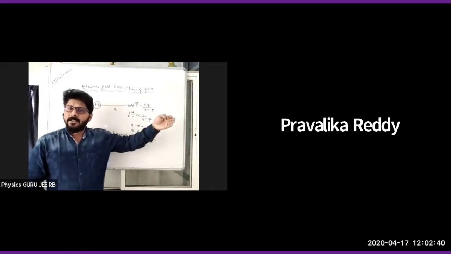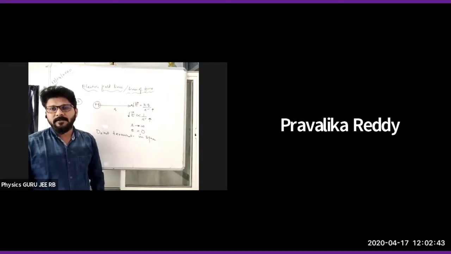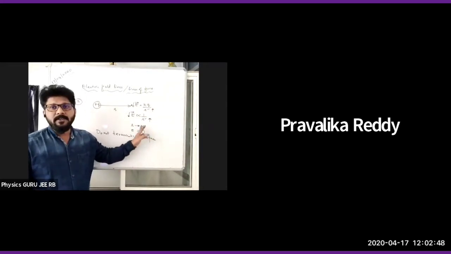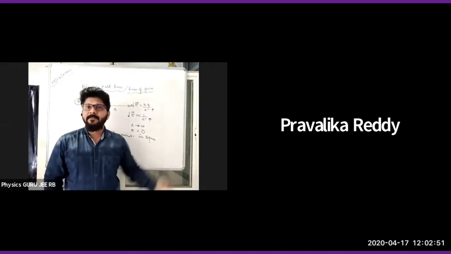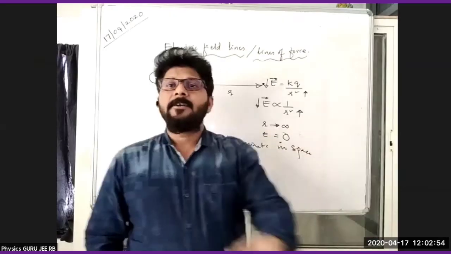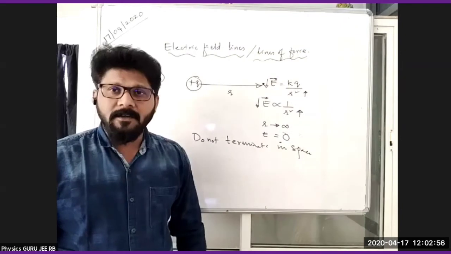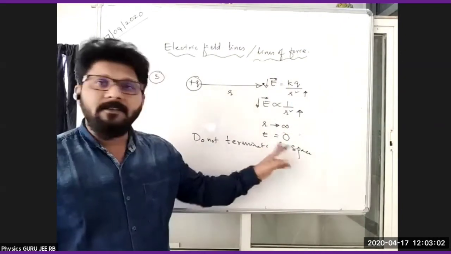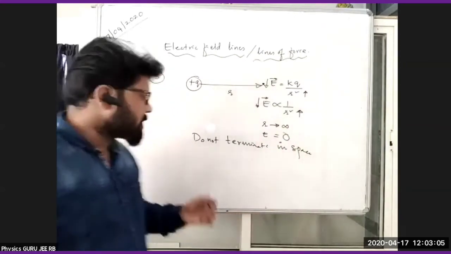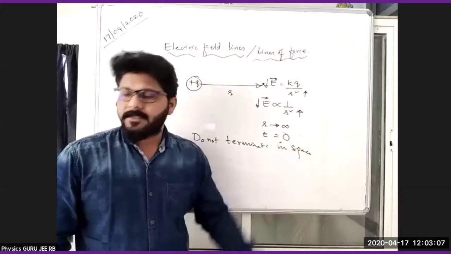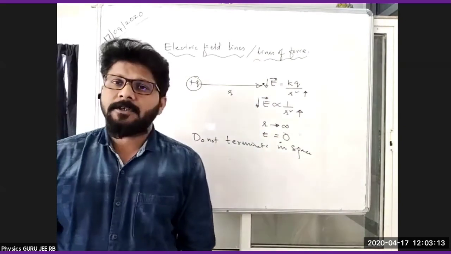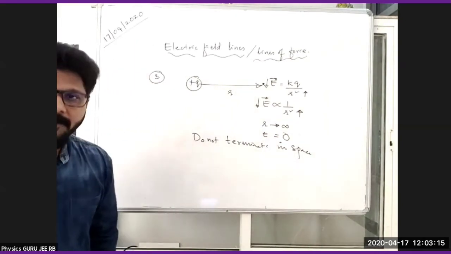Terminate means there is no ending point for that one. Where will it end? It will end at infinity, but we cannot draw a line at infinity. Where is infinite distance? Can you tell me what is infinite distance? 1 million, 1 trillion, 1 million of million? No. Only at infinite distance will it end. That's the reason we say they do not terminate in space. With respect to infinite distance, we are giving the information.